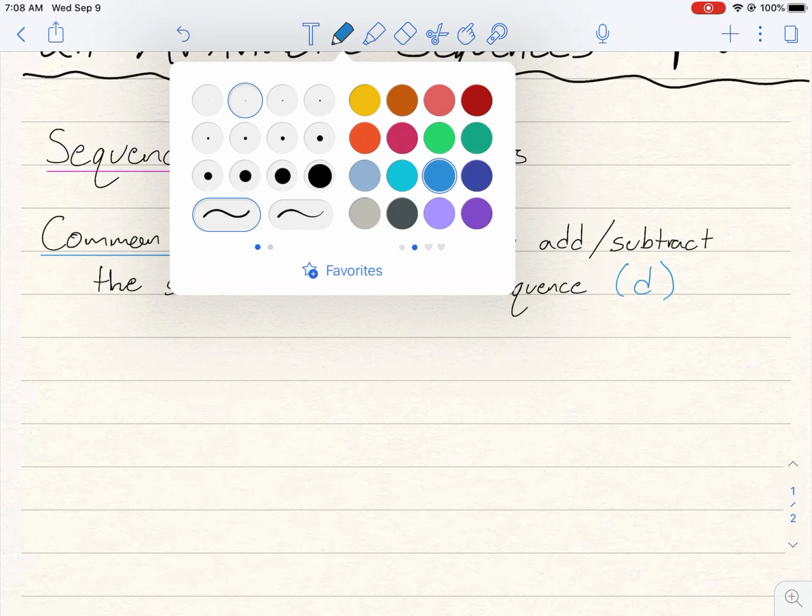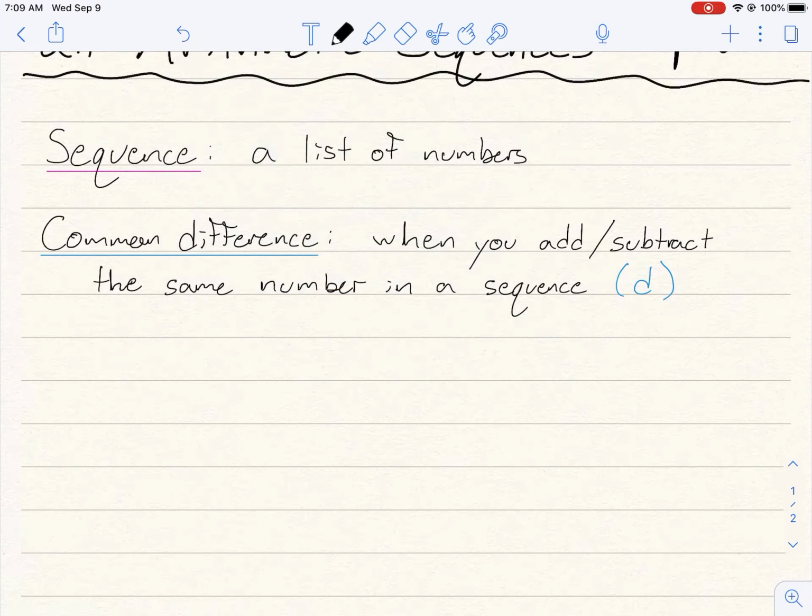Now, that brings us to the term of arithmetic sequences. And an arithmetic sequence, if you're trying to piece it together, we know that sequences are lists of numbers. So what is an arithmetic sequence? Specifically, it is a sequence that has a common difference.